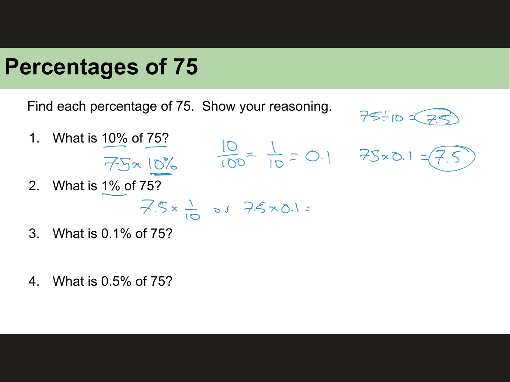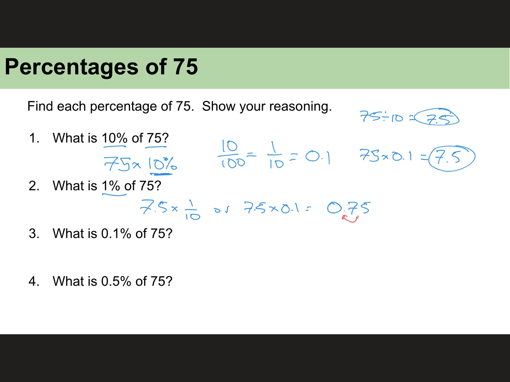And every time I divide by 10, all I really need to do is move my decimal place over one spot. So before, my decimal place was between the 5 and the 7, and now I've just moved it over to the left, and it's between the 0 and the 7.